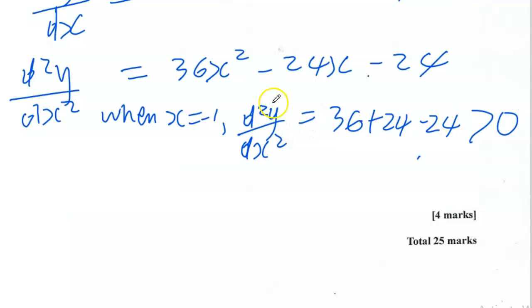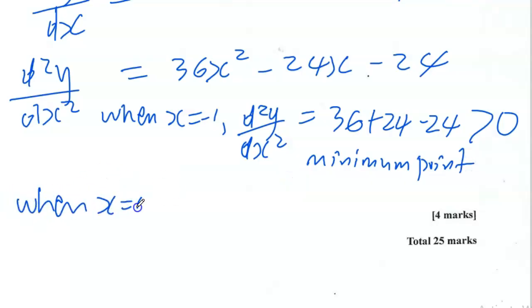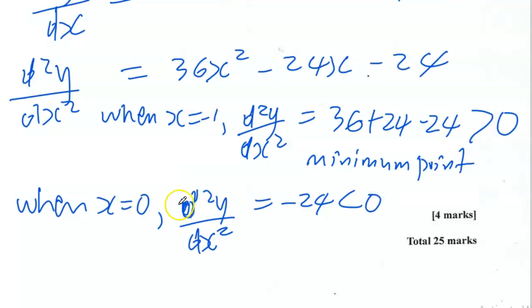And once the second derivative is greater than 0, that's a minimum point. When x is 0, that was the other x value, the second derivative should be easier to calculate. You substitute 0 for the x, you're left with negative 24, which is less than 0. And when the second derivative is less than 0, that's a maximum point when x is 0.